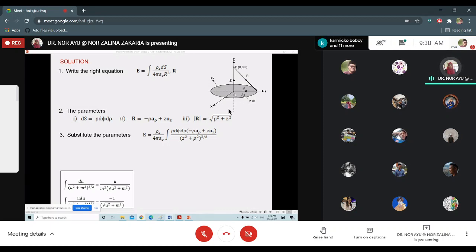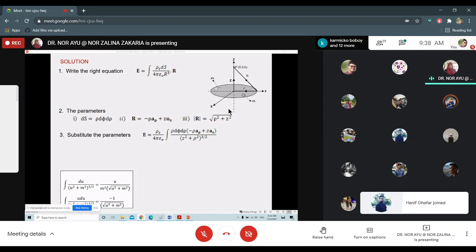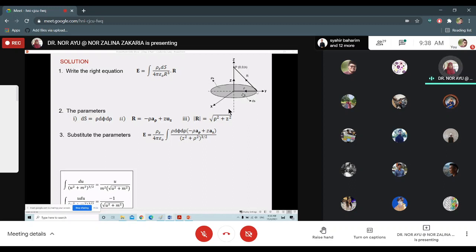Okay, because this rho, you look here, dia dekat rho kan? The value of this circle. Okay, so the circle can be smaller or can be bigger. Kita boleh ambil the value starting from here to here atau kita boleh ambil from here to here. Right?